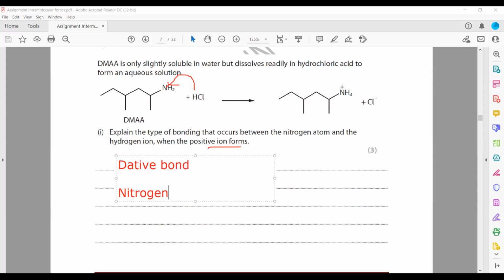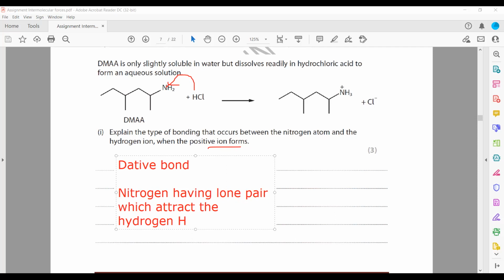Nitrogen has the lone pair, which attracts the hydrogen ion.